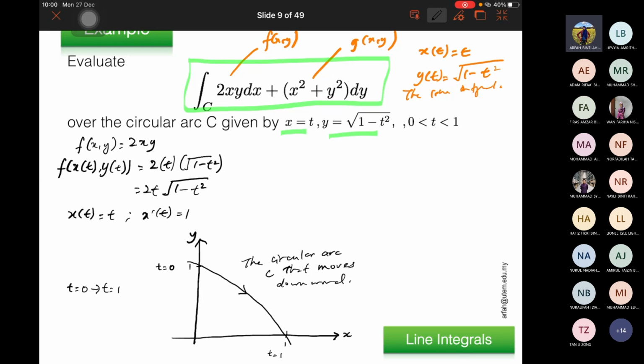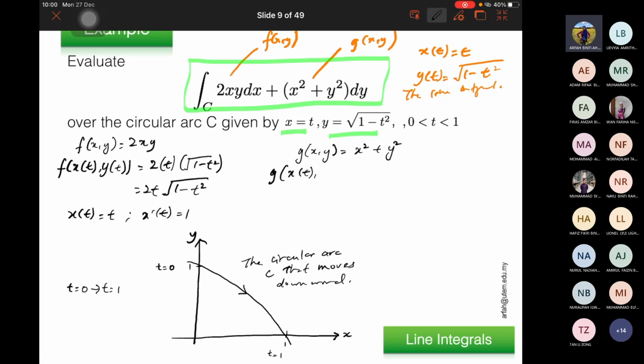Then trying the same for the g function. So g(x, y) akan sama dengan x squared plus y squared.